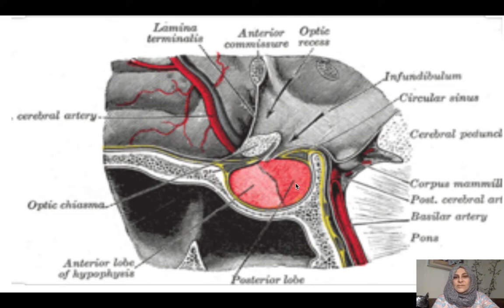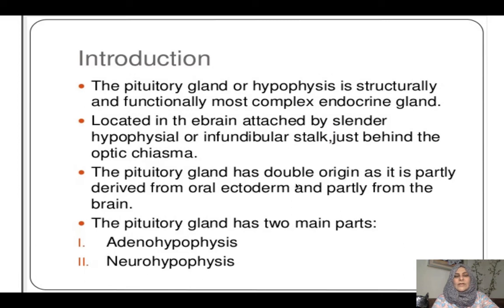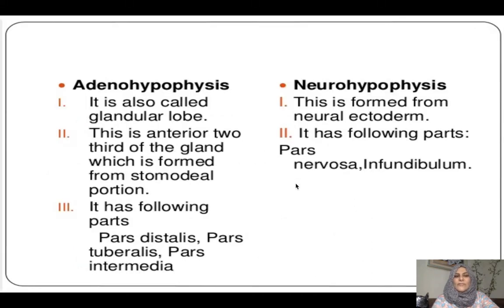As I have accustomed you in histology, I don't like to read slides; we like to see images and explain on their basis, and the rest of the explanation you will find within the lecture and within the textbook which you will read. But as an introduction, the pituitary gland consists of the adenohypophysis and the neurohypophysis.